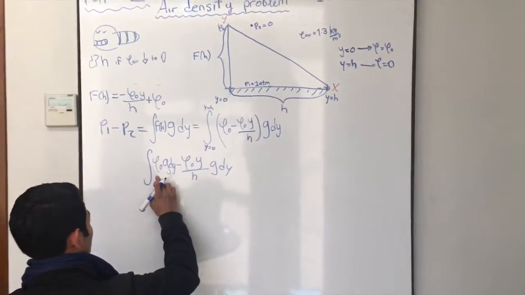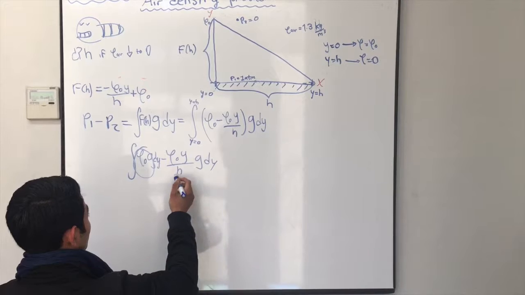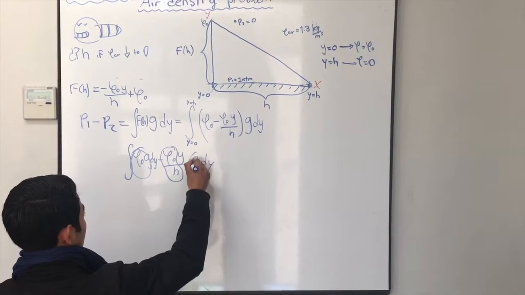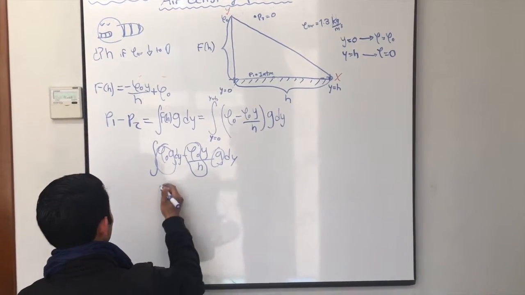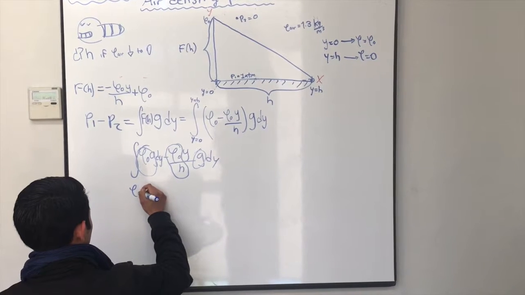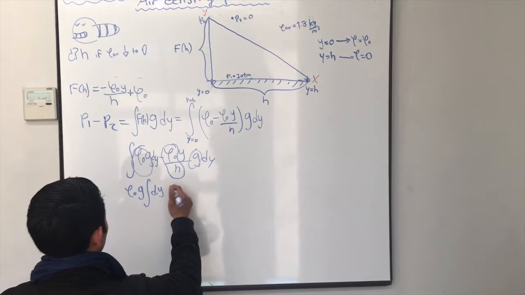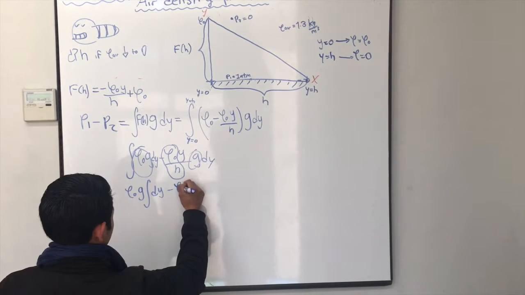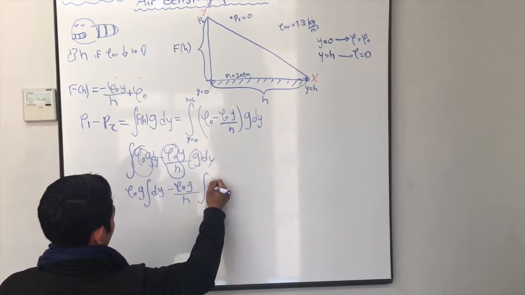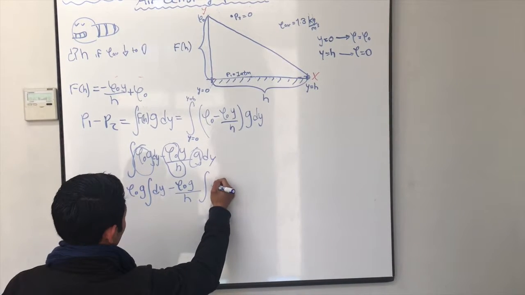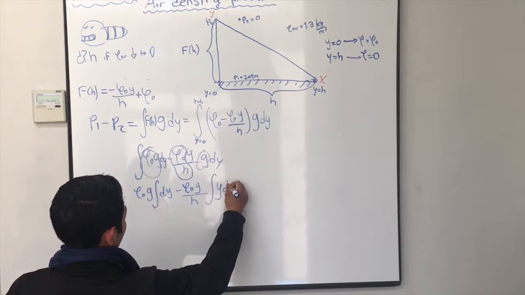And as you can see, all these are constants, and even this and this one are constants, so we can take them out of the integral, sorry. So we will have the initial density times gravity, the integral of dy, minus the initial density times gravity over h times the differential of y, because we have it here, dy.